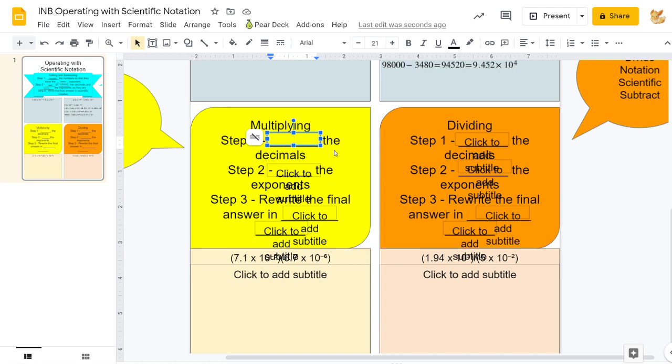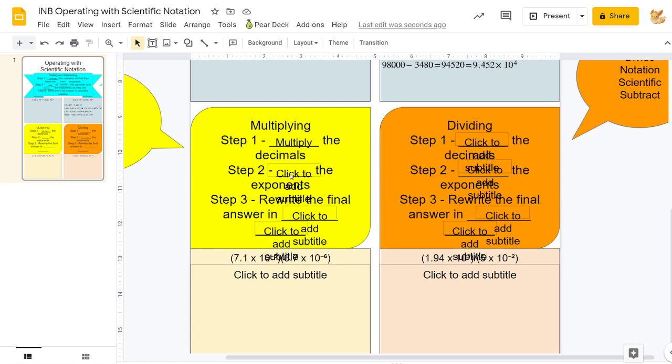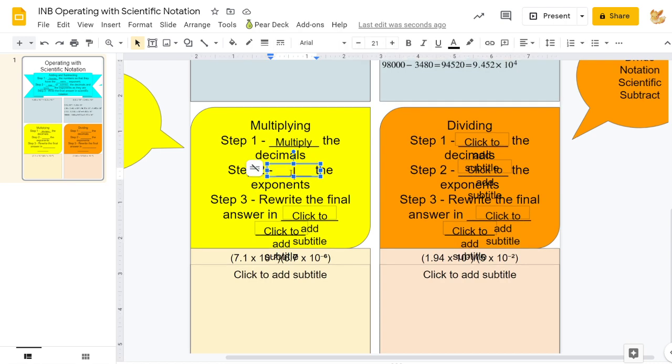So here for multiplying, you're going to multiply the decimals. Step 2, you're going to add the exponents. And then you're going to rewrite the final answer in, guess what? Scientific notation.